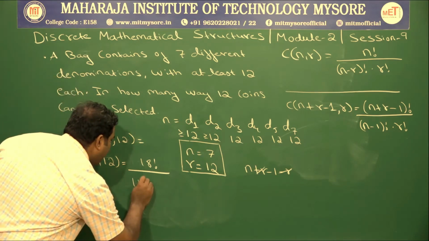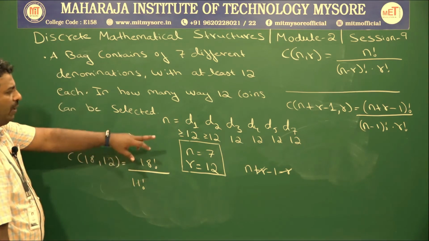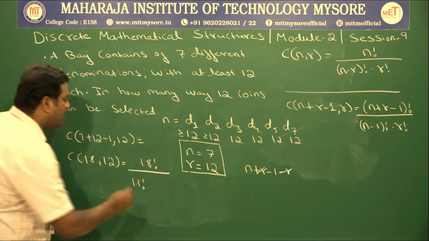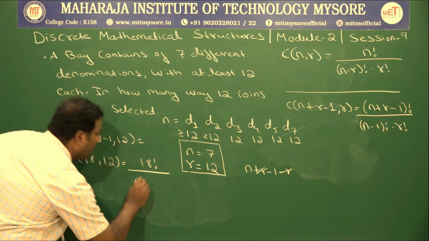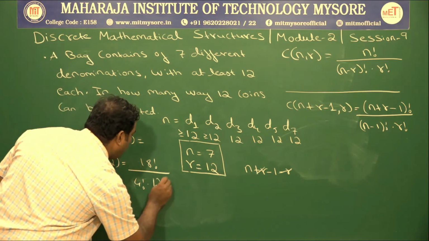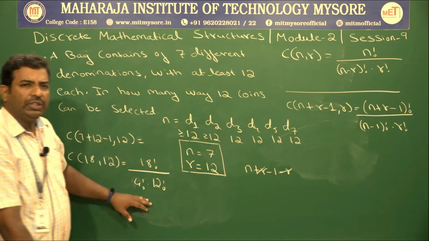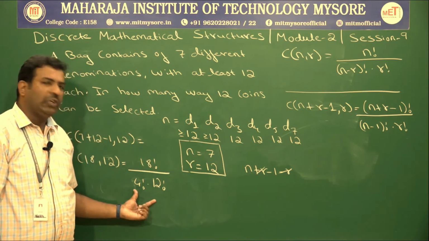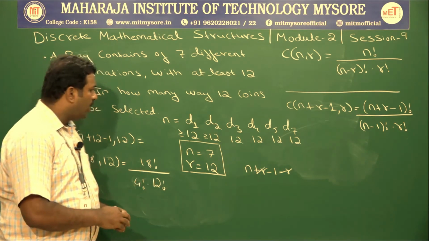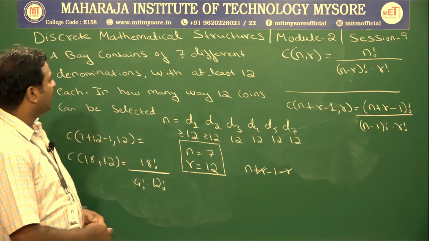What's the value of n? N is going to be 5, and this should be 4 factorial multiplied with 12 factorial. Fine. So this is exactly how I am going to use the equations. Okay, fine. So this is how we are going to solve this particular problem.